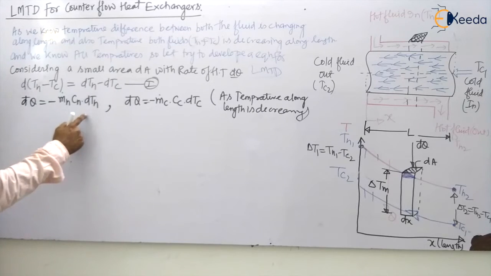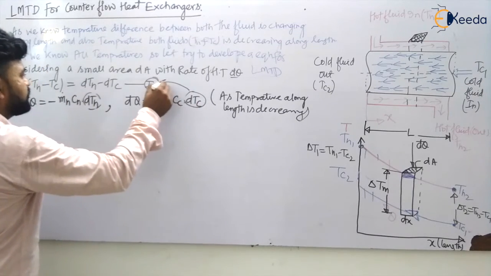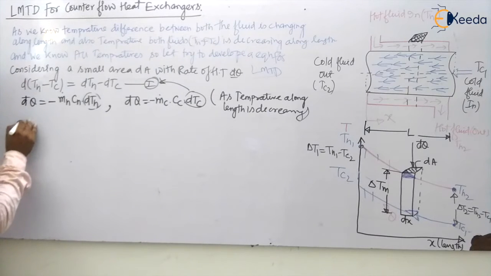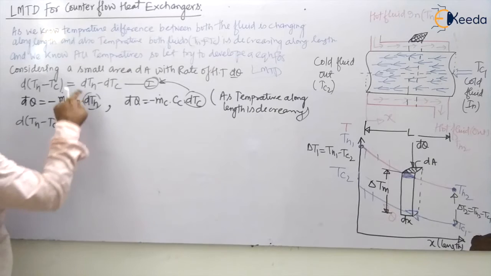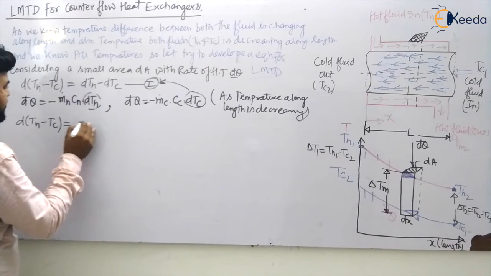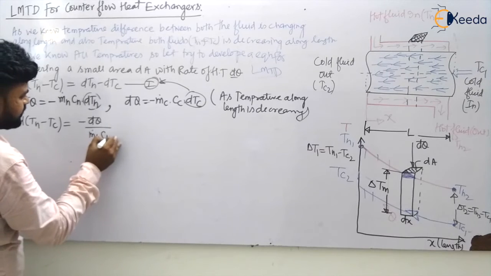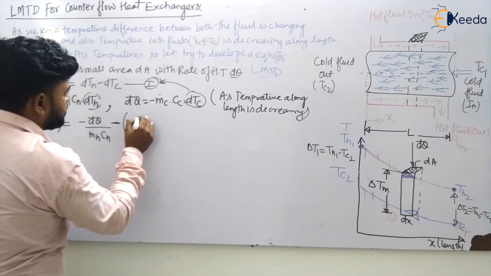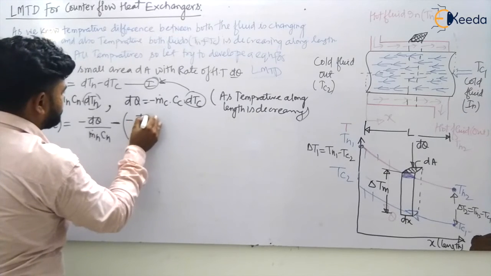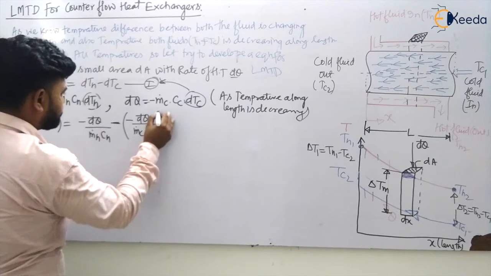So I will put the values of dTH and dTc in this equation number one. So let us see what I will have. This is d of TH minus TC is equal to dTH minus dTC. The value of dTH will be negative of dq by m dot h Ch, minus of, again negative, dq by m dot c Cc, my dear students.